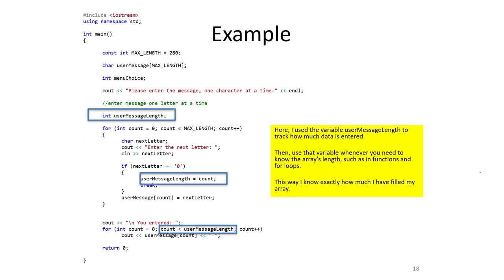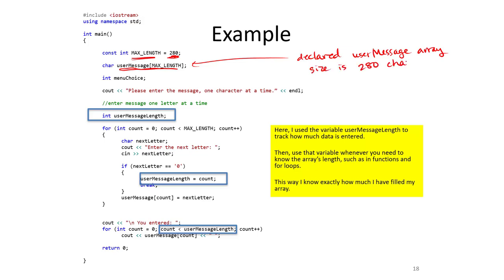So in this example, you can see that we have declared the maximum size of our array, or the maximum number of values in user message, to be 280. So we've declared a user message array, and we've set the maximum size of that array to be 280 characters.